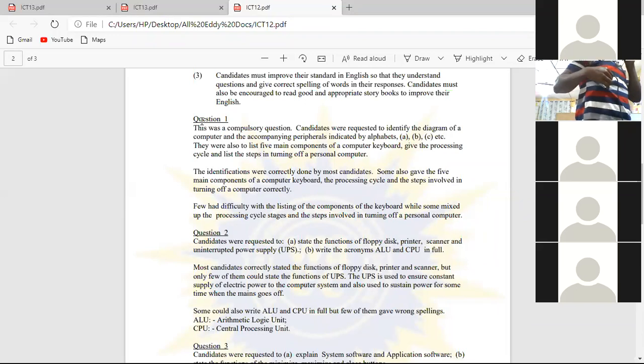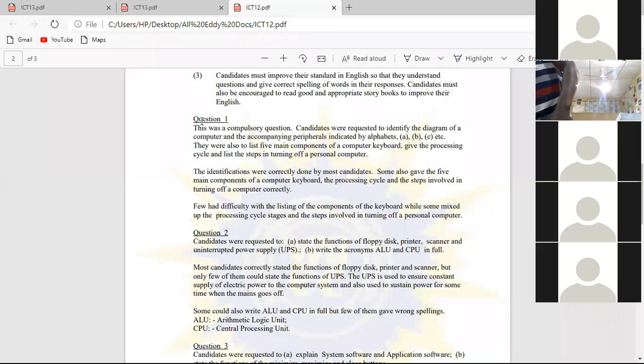Question 2. Candidates were requested to state the functions of a floppy disk, printer, scanner, and uninterruptible power supply. Write the acronyms for ALU and CPU in full. Most candidates correctly stated the functions of floppy disk, printer, and scanner, but only few of them could state the functions of the UPS.